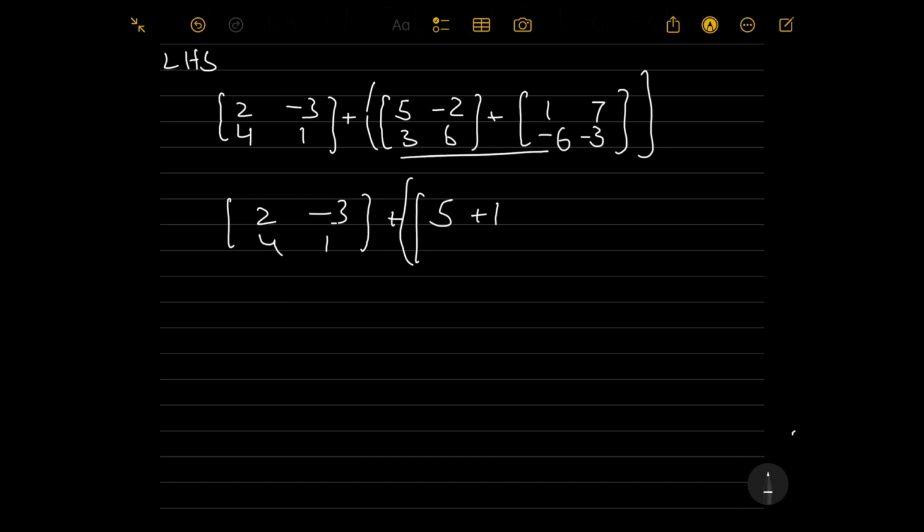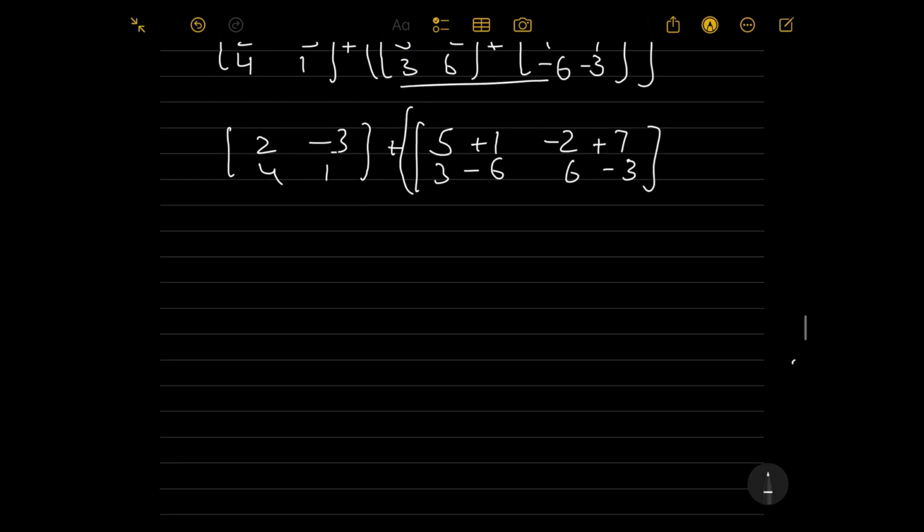So 5 plus 1, then minus 2 plus 7, 3 minus 6, and 6 minus 3. Then 2 minus 3, 4, and 1, plus 6, 5, minus 3 and 3.